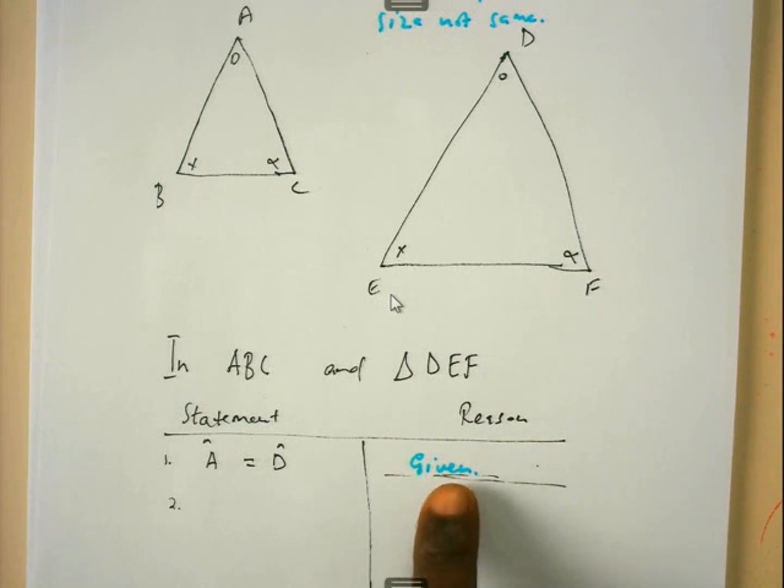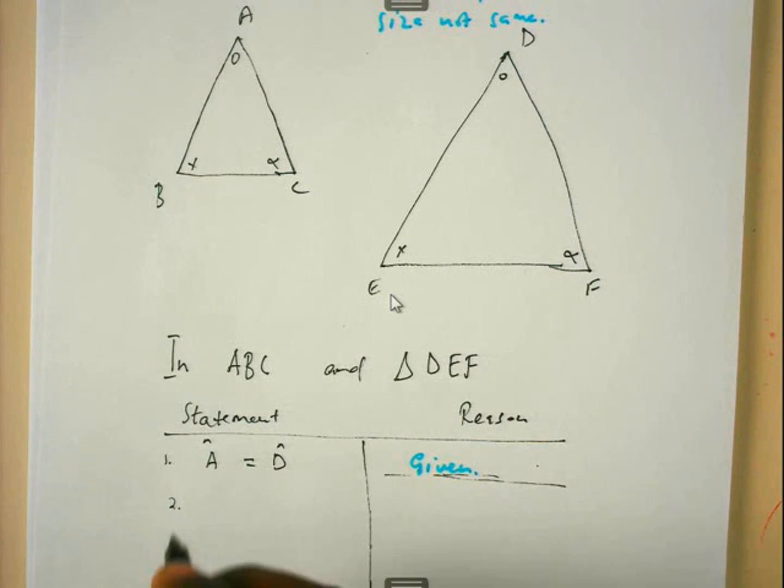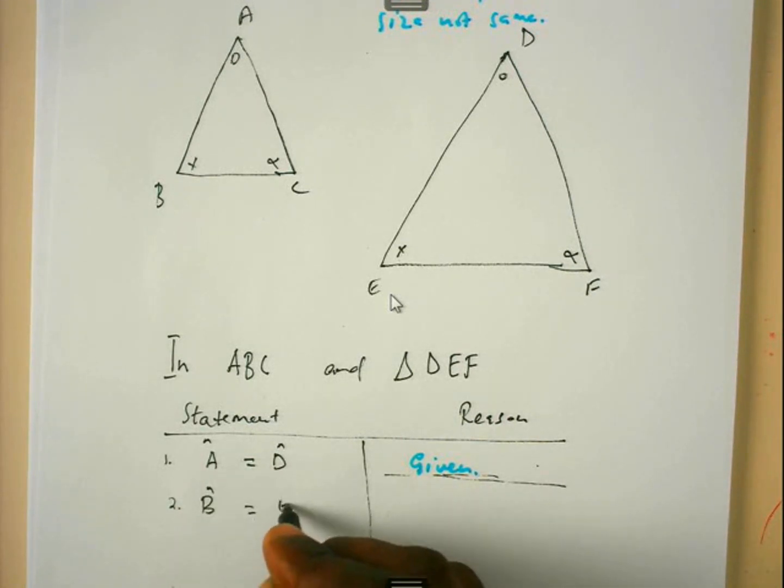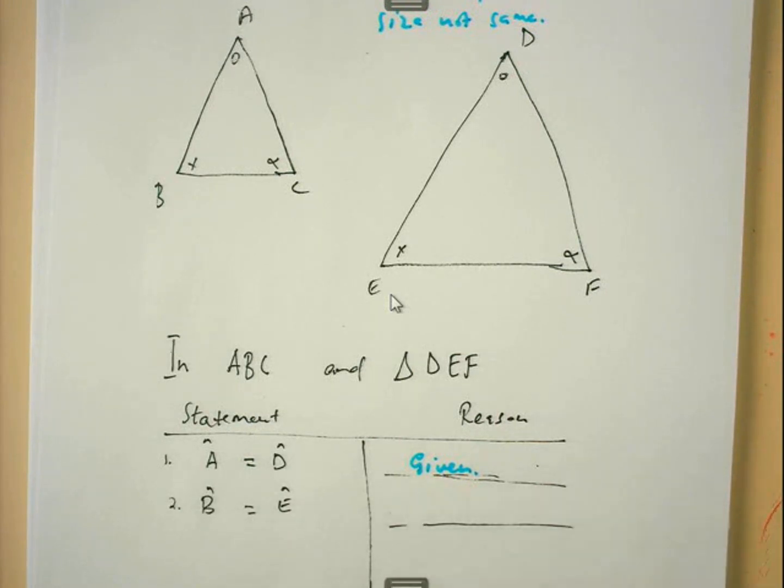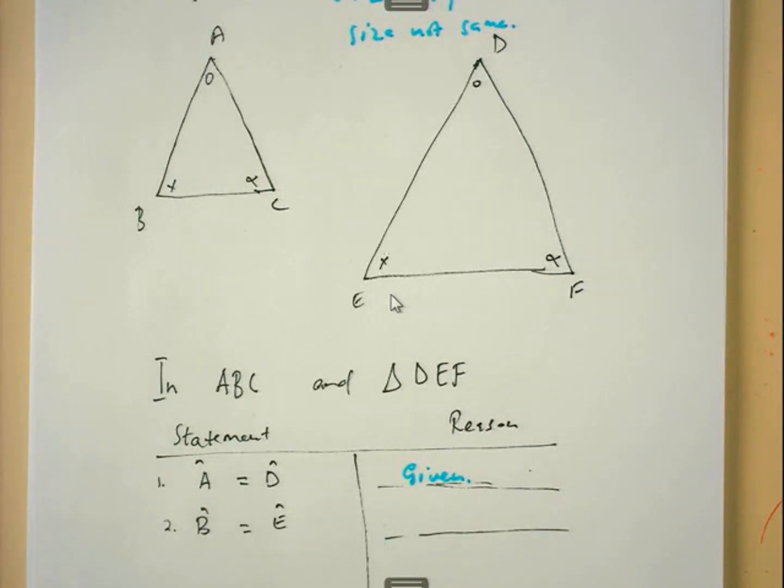Now you need to write the appropriate reason that is required there. Then you go on and say angle B is also equal to angle E, and you also give the appropriate reason there. Well, it is given, maybe, in this case, we can see that.